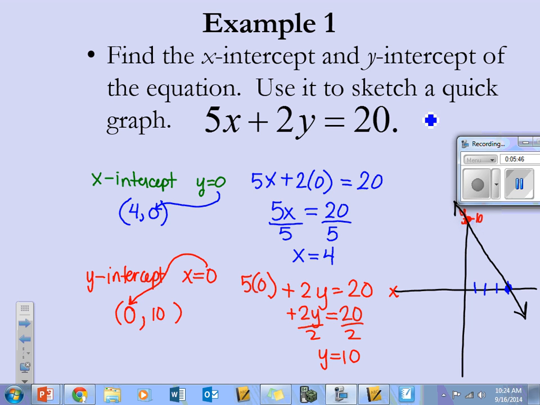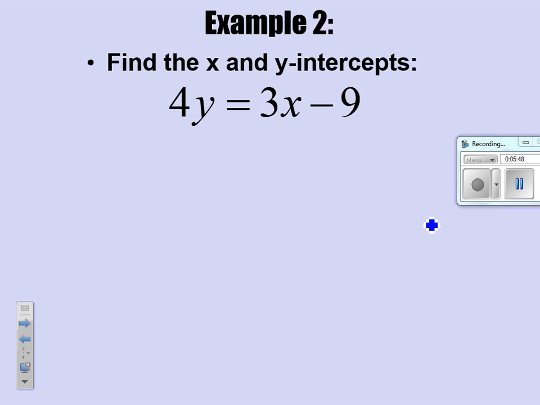Let's do another example. This time I just want you to find the x and y intercepts. So if I'm looking for an x-intercept, what do I plug in? I plug 0 in for y. So I go up to the original equation. Everywhere I see a y, I plug in a 0. And I solve this for x.